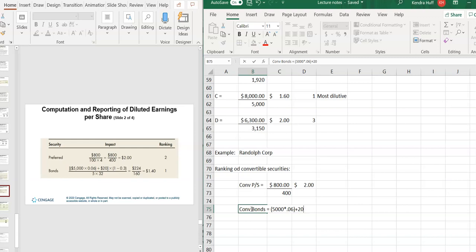That's how they got the $320, because they amortized. And it needs to be net of tax, so you're going to multiply it by 1 minus the tax rate. And then that is over the 5 bonds times 32 shares per bond.